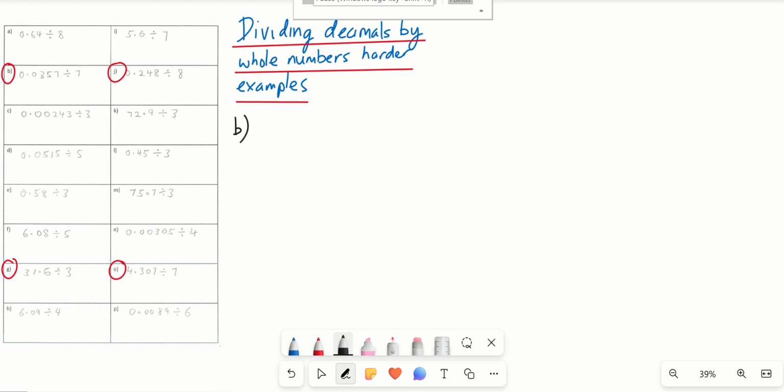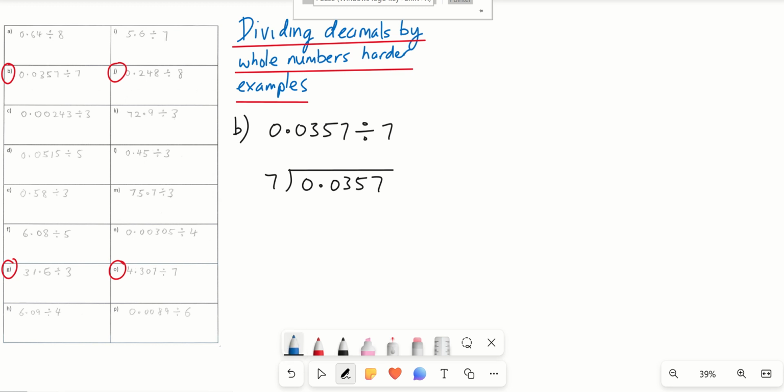In example B, we have 0.0357 divided by 7. So the dividend goes into the division bar, 0.0357, and the divisor goes on the outside.